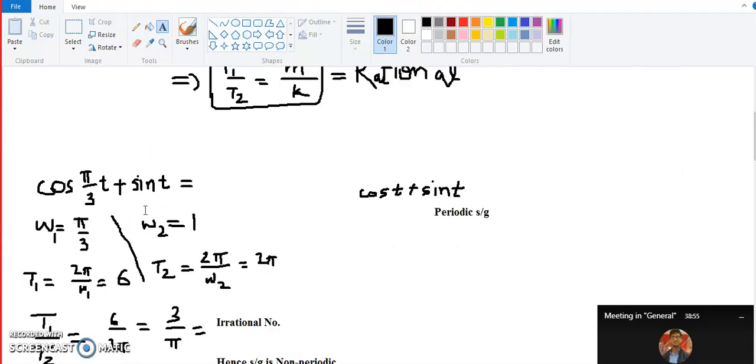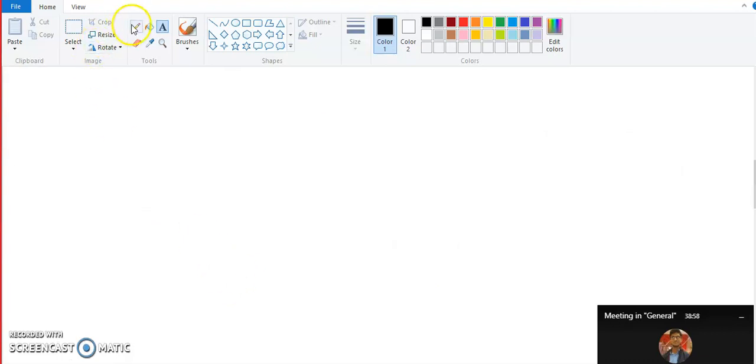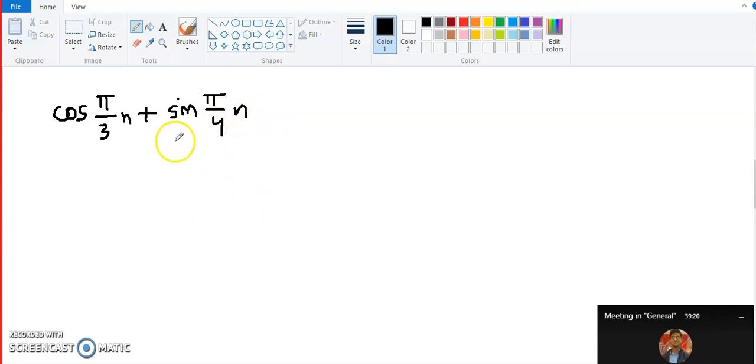For example, suppose we have this kind of a signal, cos pi by 3 n plus sine pi by 4 n. Okay, this is a discrete time signal. So what will be omega for this?